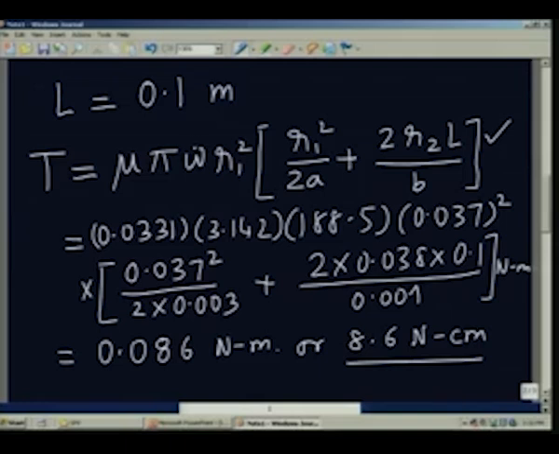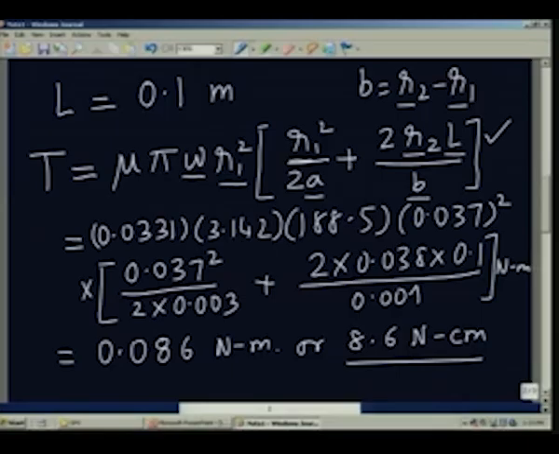The quantities having some error specified, I will underline: omega, then R1. Again R1 here, and A is given directly, so that also has an error. Then R2 also has some error, and L also has error, and B itself is nothing but R2 minus R1. Both of these have some error specified, and therefore B is also a quantity having some error.